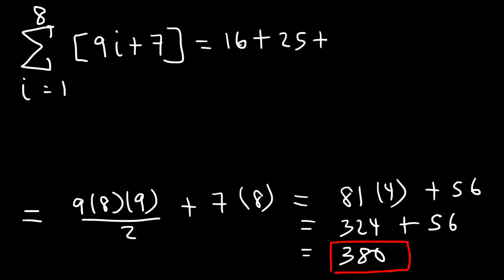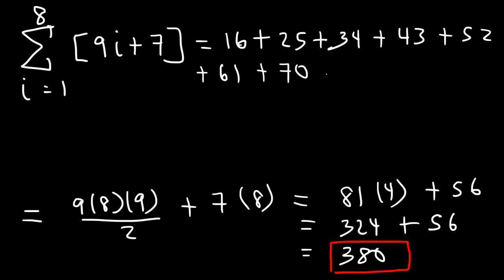And then 3, 9 times 3 is 27 plus 7, 34. So it's going up by 9. The next one's going to be 43, that's the fourth number. And then 52, and then 61, and then 70. So we have 7 numbers now. The last one, 9 times 8 is 72 plus 7 is 79.